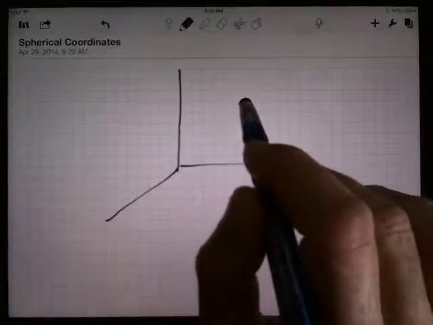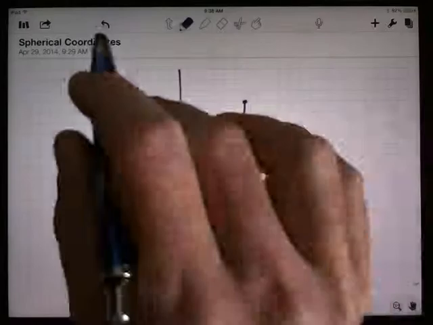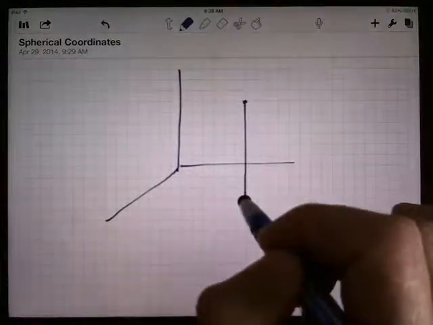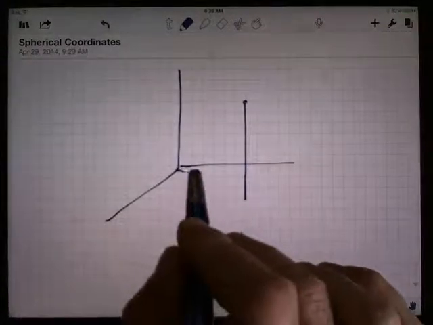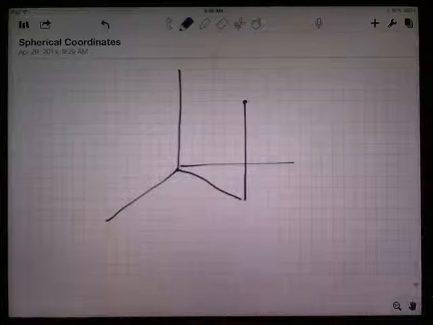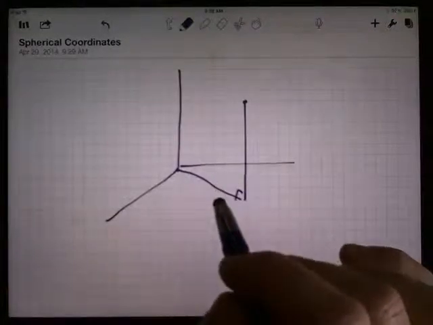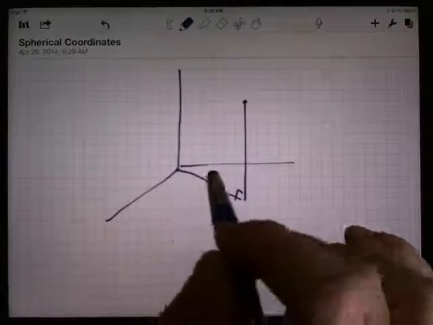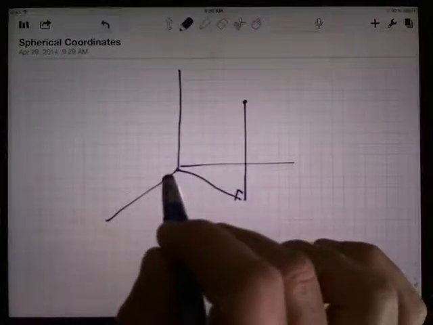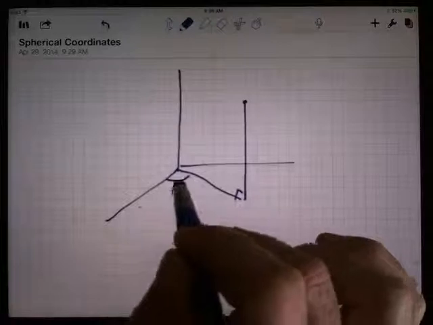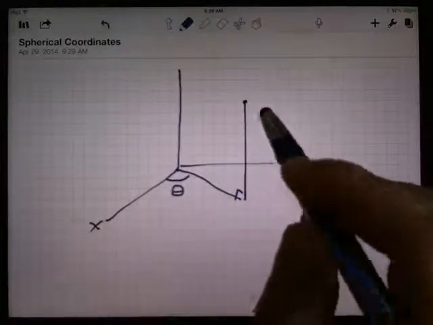if I drop a perpendicular down here, it doesn't look very perpendicular. If I drop a perpendicular down here to the XY plane, you get a better sense of where that actually is. So I want now to use, like in polar and cylindrical coordinates, this angle theta here, measured from the positive x-axis.